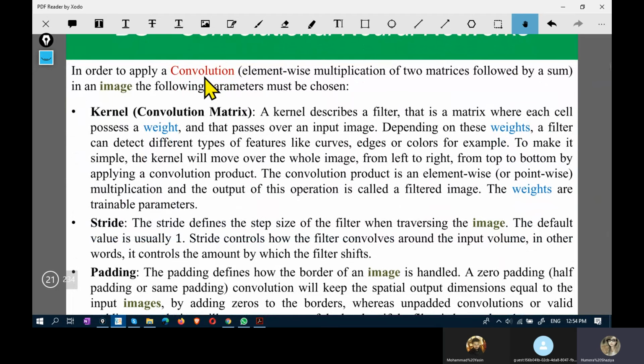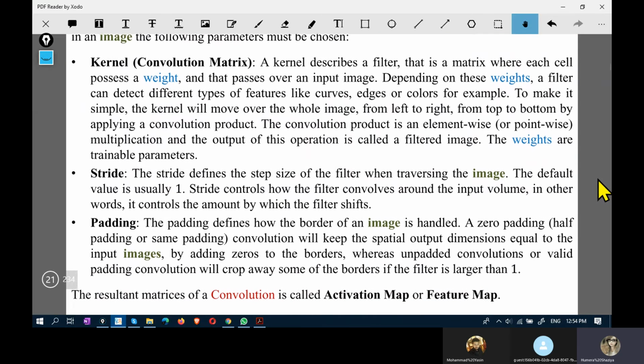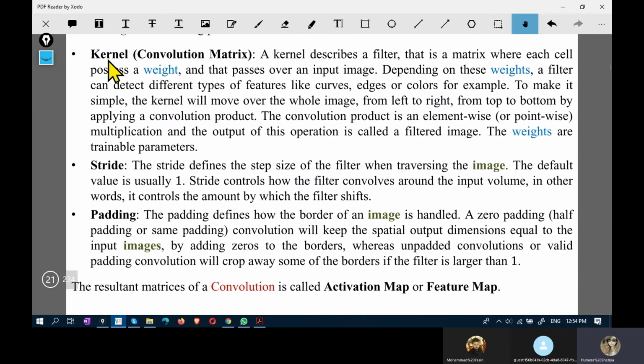In order to apply convolution, you have to consider some parameters. What are they? Kernel. Kernel is also known as filter. If any one of you has studied image processing, you will know that there are some kernels, Sobel kernel, Prewitt kernel, like these kernels. 111 000 000, this is one type of kernel.